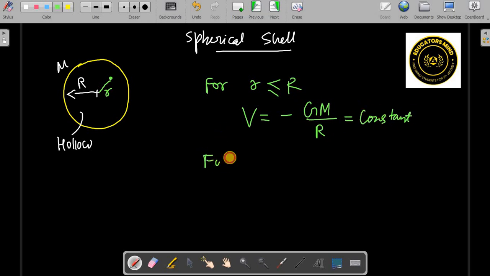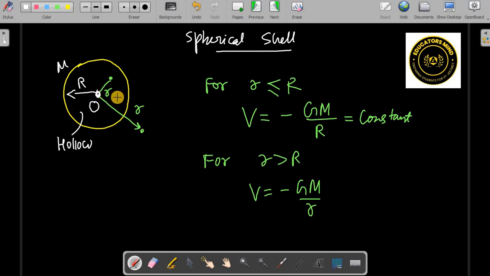And for points outside, the potential is going to be minus GM by r. That means if you take a point outside at distance r, then it is varying like a point mass, right? If you take points outside, then it looks like the whole mass of the cell is concentrated at the center.